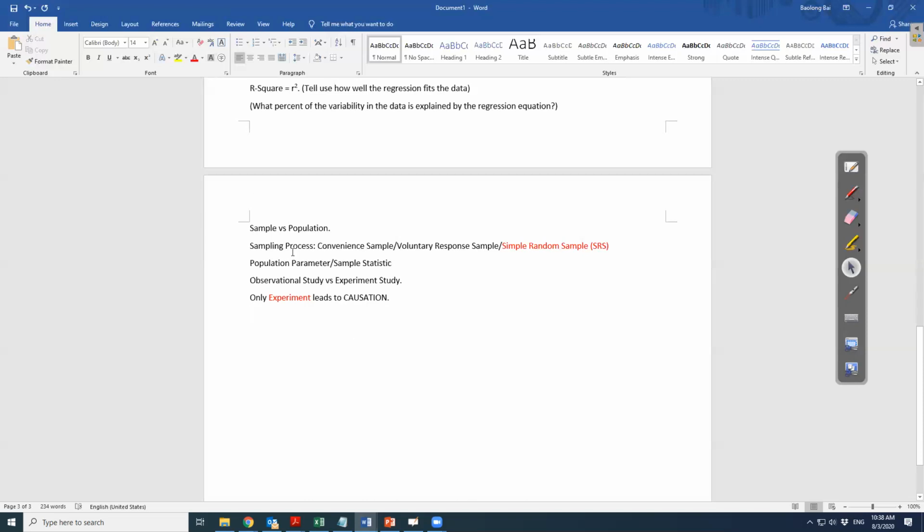So that's observational study and experiment. And there are a few other things in that chapter. You need to understand the explanatory variable, and the response variable, and subject, and factor, and treatment.